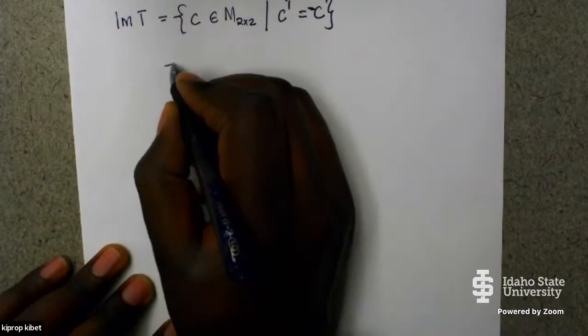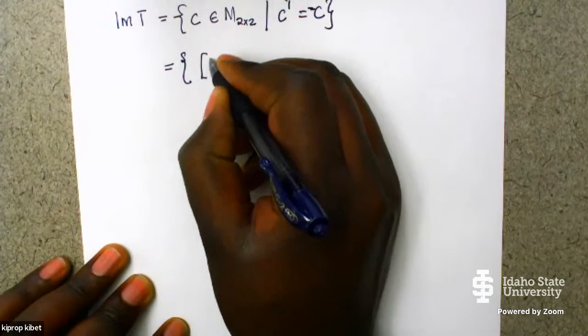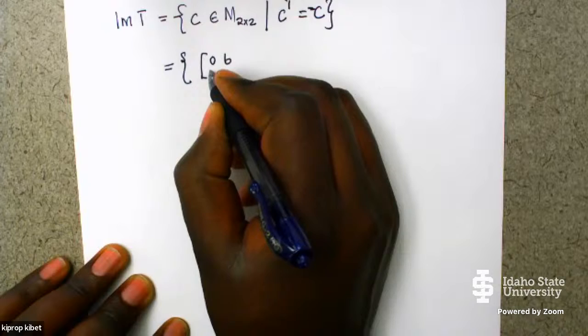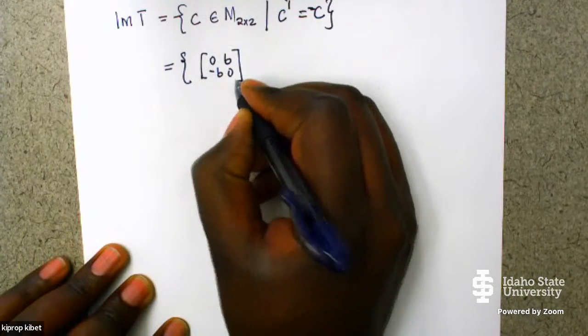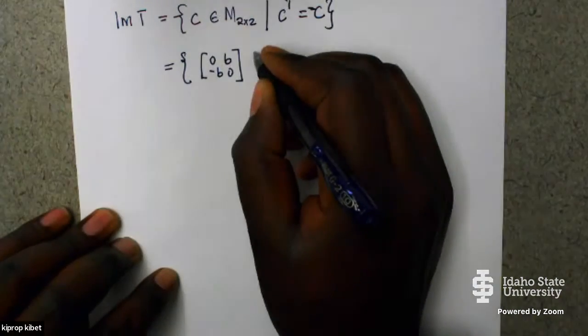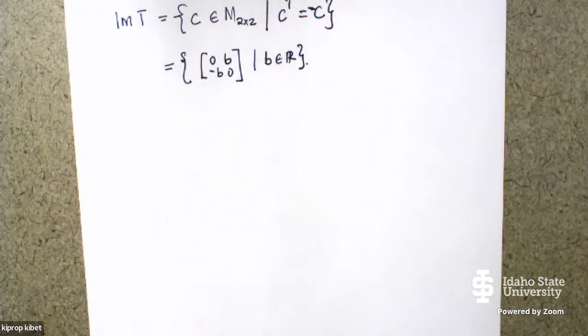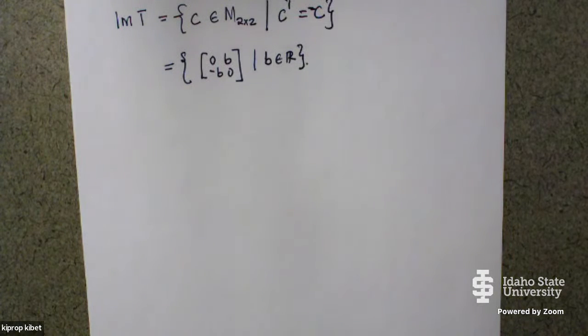So actually our matrix will be of the form, let's say, 0 and then B, then minus B and then 0, where B is an element of the real numbers. If you transpose this matrix, it is similar to multiplying by the negative.